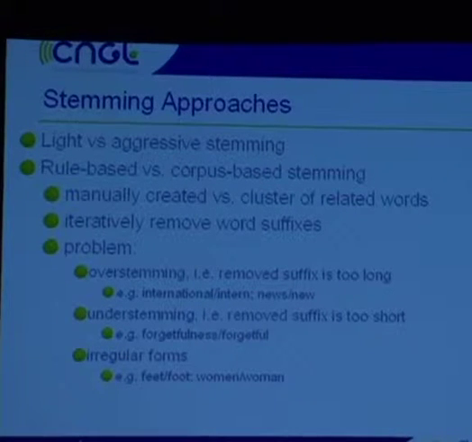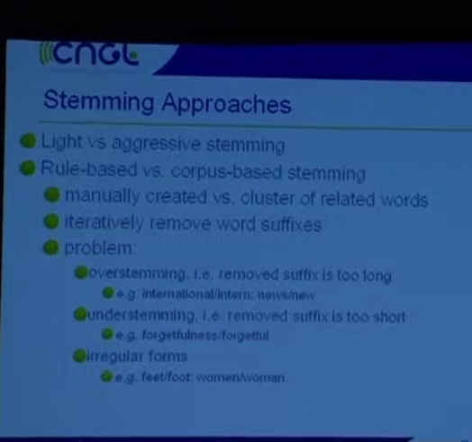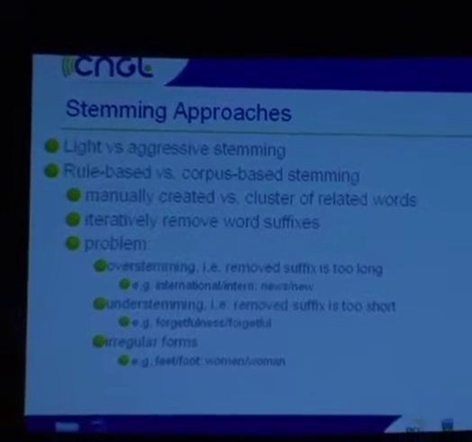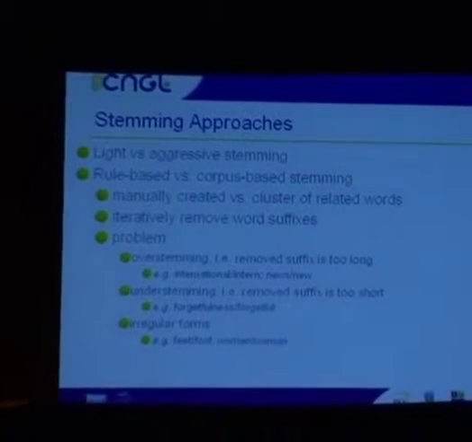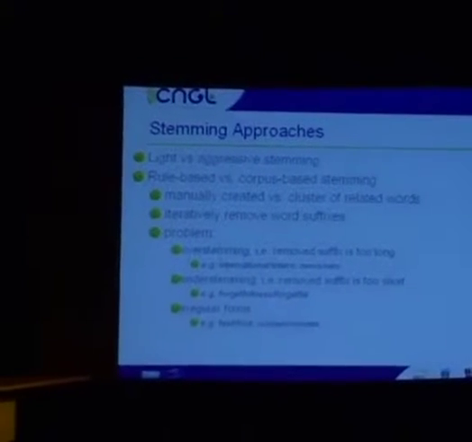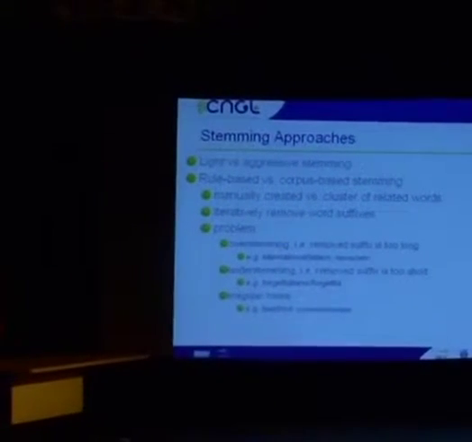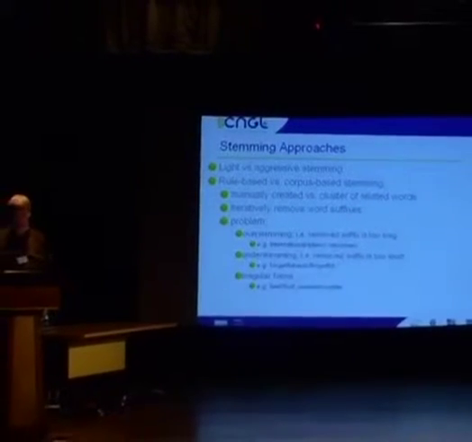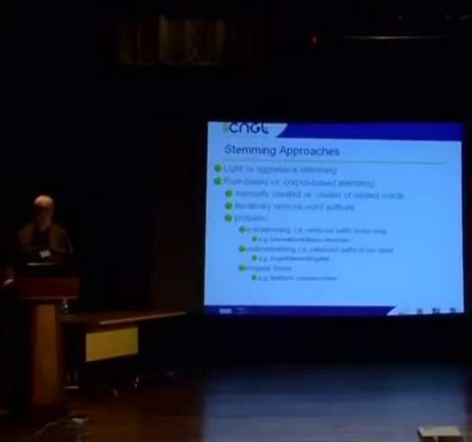The second effect you could have is understemming, where you don't remove enough of the suffix from words. For example, forgetfulness, where you actually have two different suffixes which you should remove, might be stemmed to forgetful instead of forget.